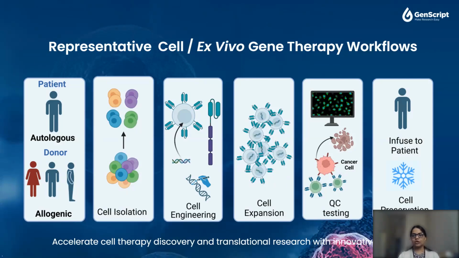Then cell activation and selection are also key steps. Another very important step is cell engineering or genetic modification of the desired cell, where selected cells are modified to enhance anti-cancer properties using a viral or non-viral platform.